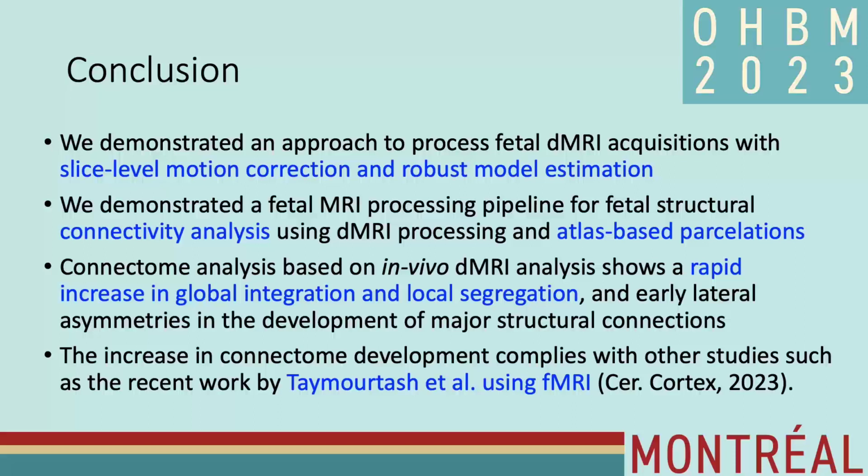And we also observed early lateral asymmetries in the development of major structural connections. The increase in connectome development complies with other studies in recent years, such as this study by Altanat Heymurtash using fMRI, which was published in Cerebral Cortex earlier this year.